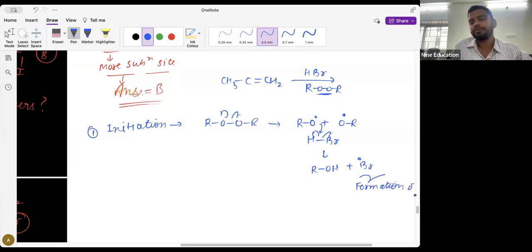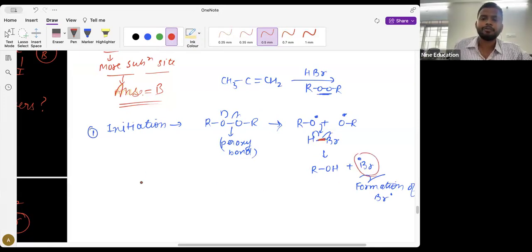So first this peroxide bond was broken by the peroxy linkage and a free radical was formed, and this H-Br bond was broken by this peroxide to give us the Br radical.